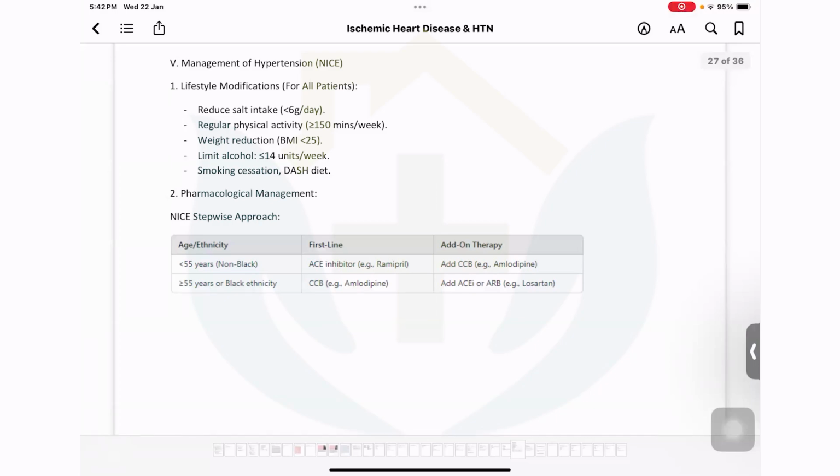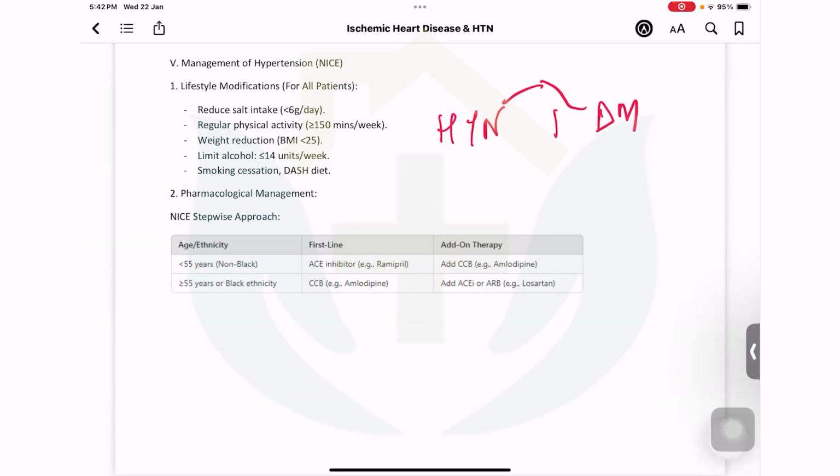Stepwise approach. The algorithm is very clear that once somebody is diagnosed with hypertension, the number one question you should ask is, do they have diabetes or not? So hypertension, and hypertension plus diabetes. Then ask if they are less than 55 years of age and non-black, or more than 55 years of age.